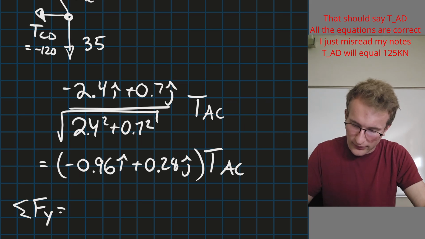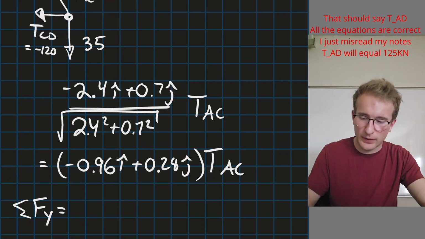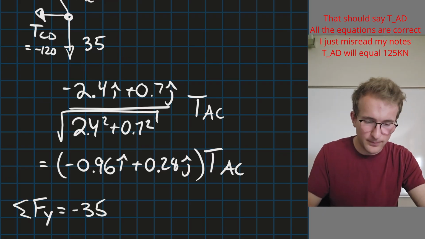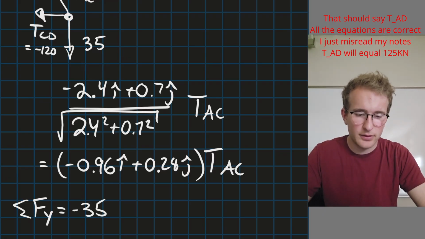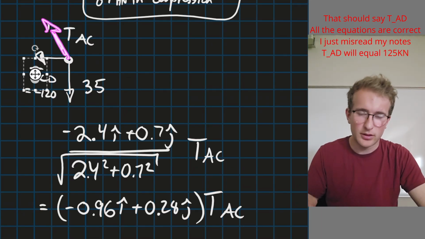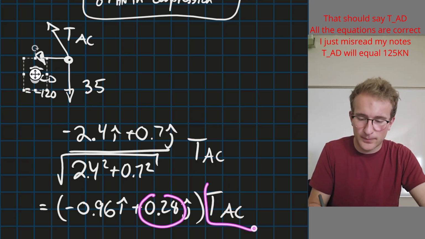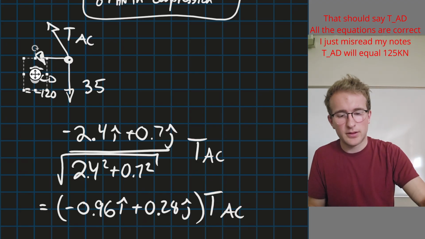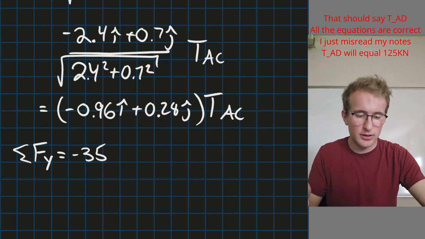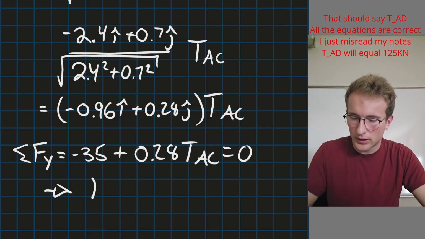All right. Let's do some of the forces in the y direction. What forces act in the y direction? Well, we have a negative 35. And then just the y component of this force vector, or the j hat component of that force vector, that is equal to 0.28 times the tension in AC. So plus 0.28 times tension in AC, set that equal to 0.